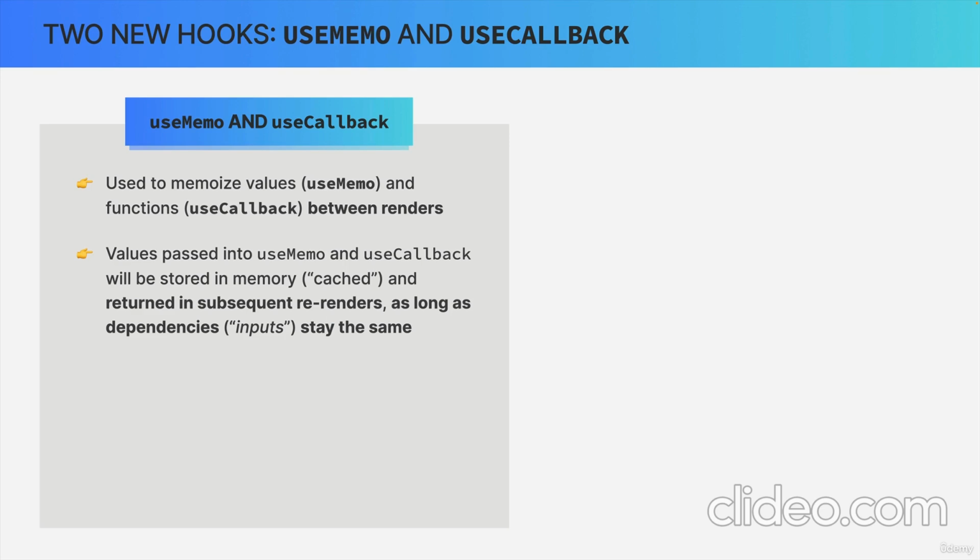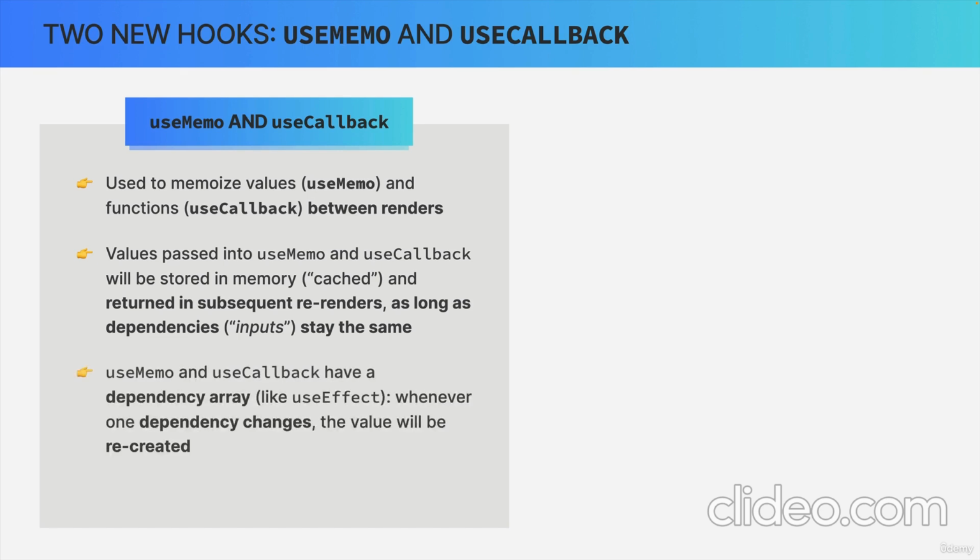Now, in the case of useMemo and useCallback, these inputs that I just mentioned are called dependencies. So just like the useEffect hook, useMemo and useCallback also have a dependency array. And this is how it works. Whenever one of the dependencies change, the value will no longer be returned from the cache, but will instead be recreated.